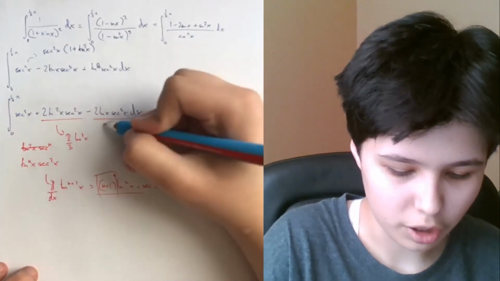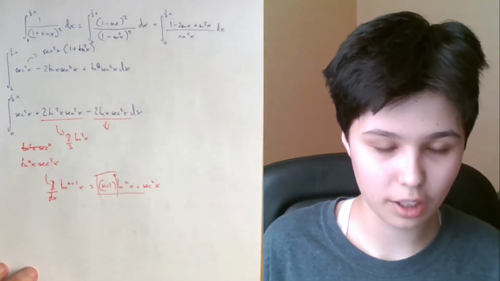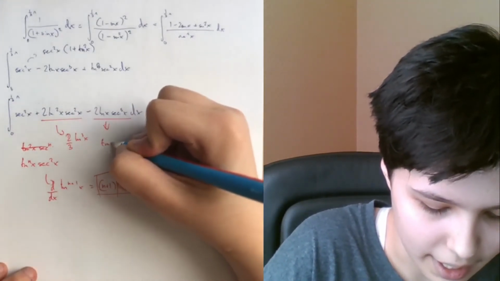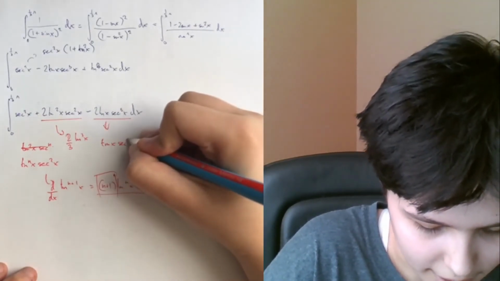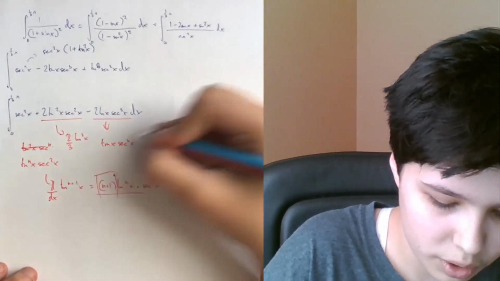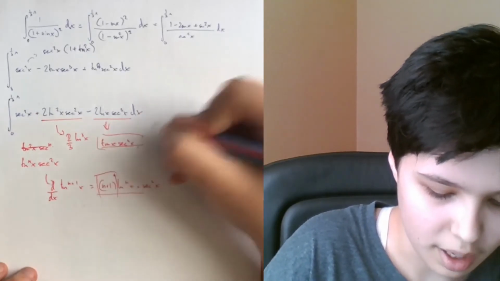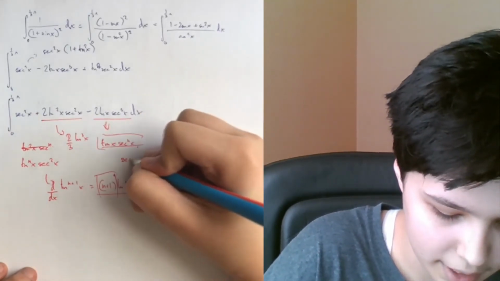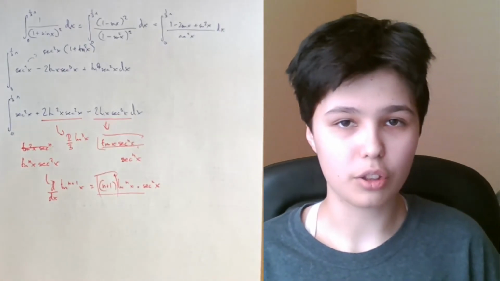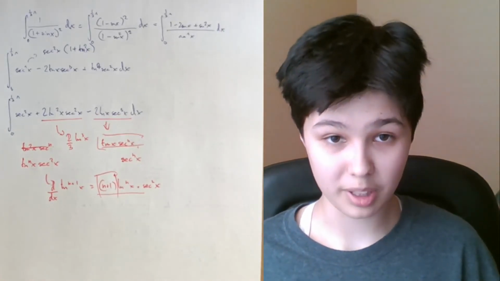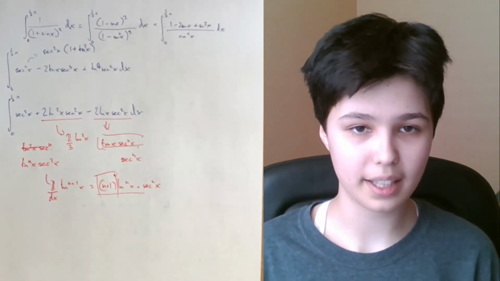And for functions of the form tan x sec to the nx, those integrate to give some constant multiplied by sec to the nx. Again, this is due to the fact that the derivative of sec x is sec x tan x.